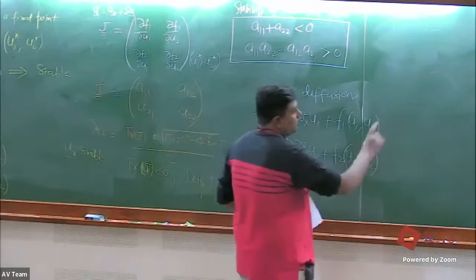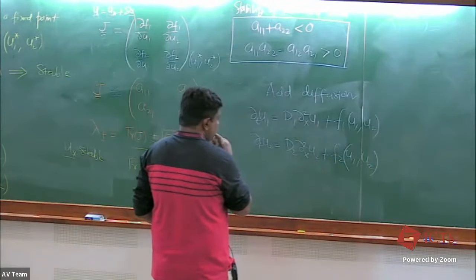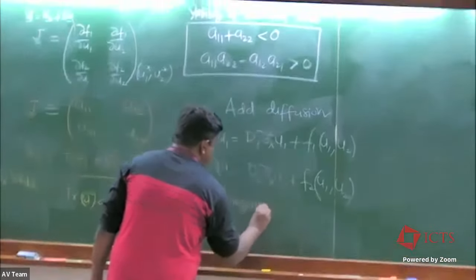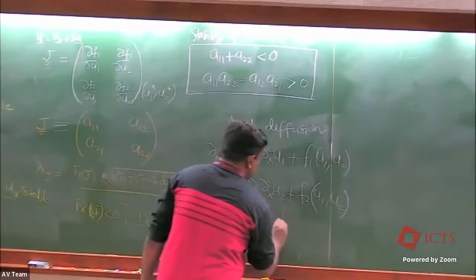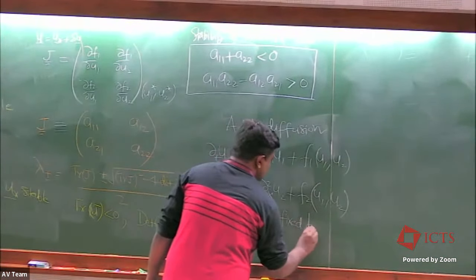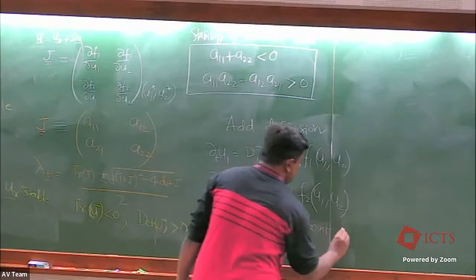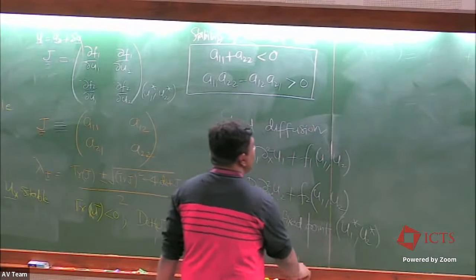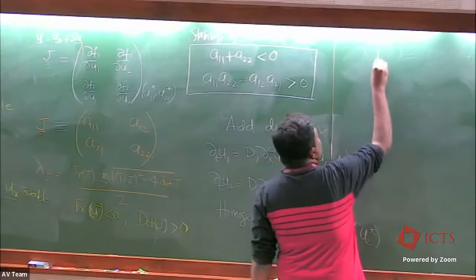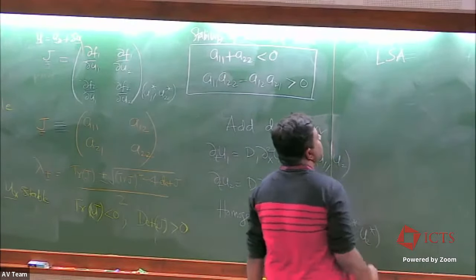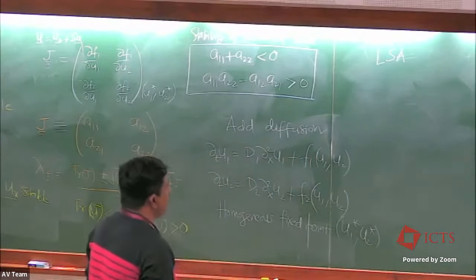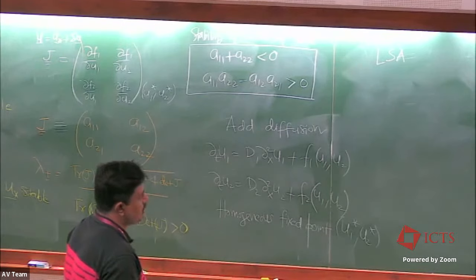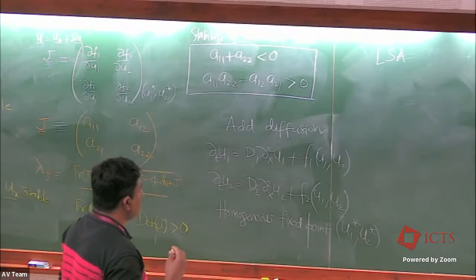Now, I won't go through the details. Again, you should be able to do this. You take the same homogeneous steady state, homogeneous fixed point, U1 star, U2 star. As usual, you run through the machinery of linear stability analysis. You perturb it, look at the linearized equation, and find the eigenvalues. Since it's a homogeneous steady state, with space translation invariance, you use the Fourier basis and do the eigenvalue calculation.